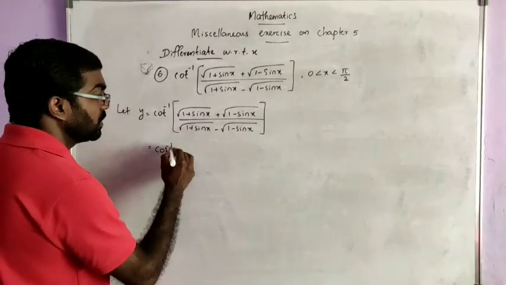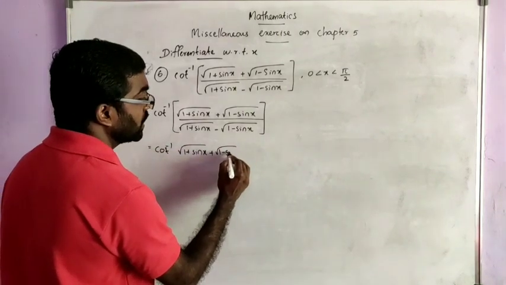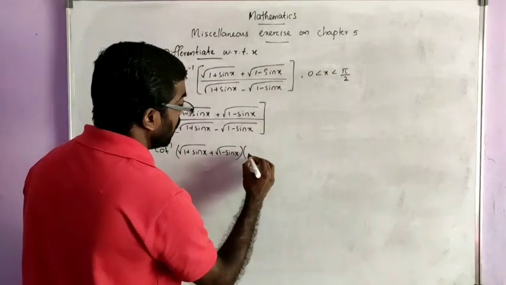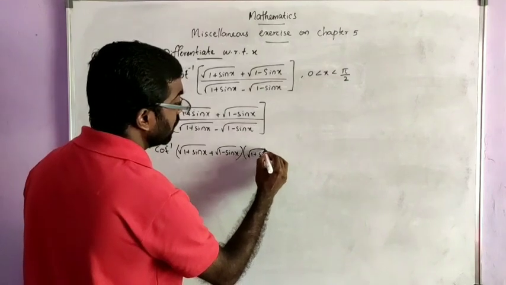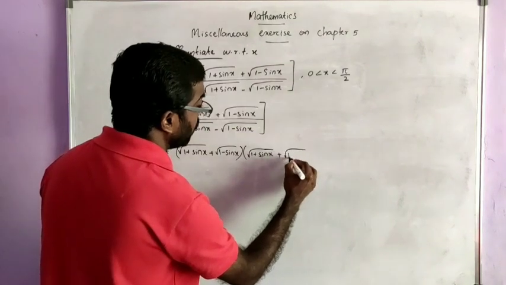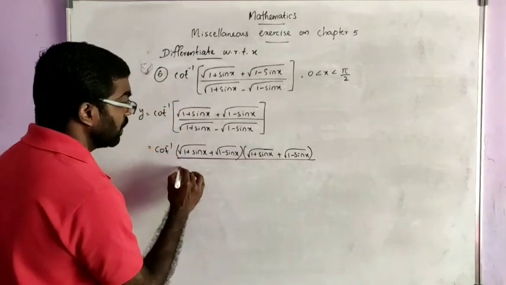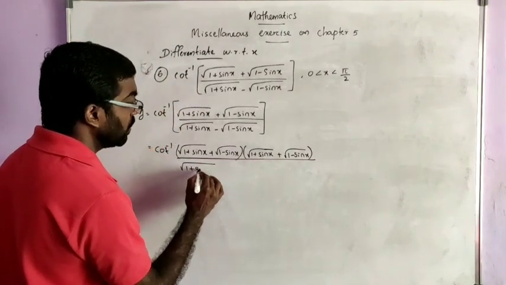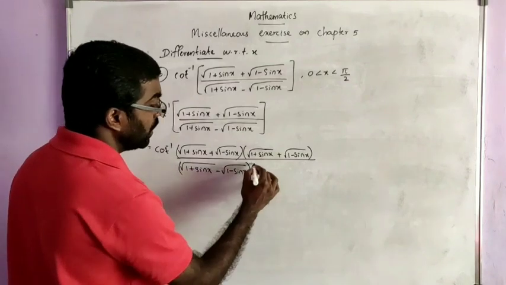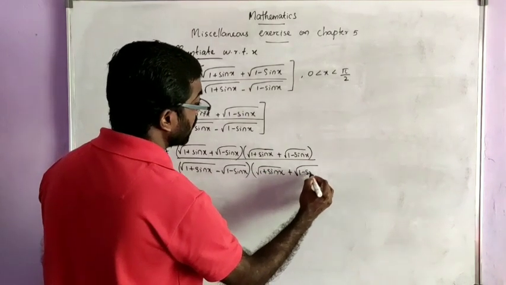That is cot inverse of (root 1 plus sin x plus root 1 minus sin x) into the conjugate of the denominator, root 1 plus sin x plus root 1 minus sin x, whole divided by, here also the same process, (root 1 plus sin x minus root 1 minus sin x) into (root 1 plus sin x plus root 1 minus sin x).